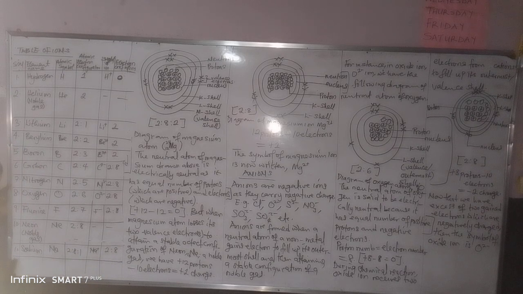Then number 12 is magnesium, Mg. So this one has 12, that's a 2,8,2. So the ion will now become Mg 2 plus. To form positive ion is easier than to form negative ion, because whatever you have as the valence electron is what you put at the top, and you put plus behind it.